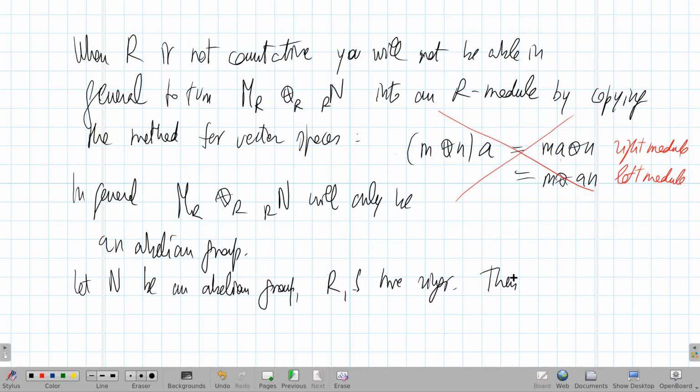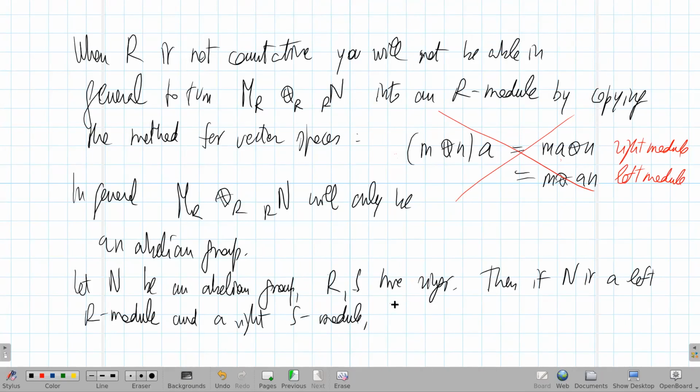Then if N is a left R module and a right S module, then N is called an R-S bimodule. Bimodule, I think that's the correct pronunciation.